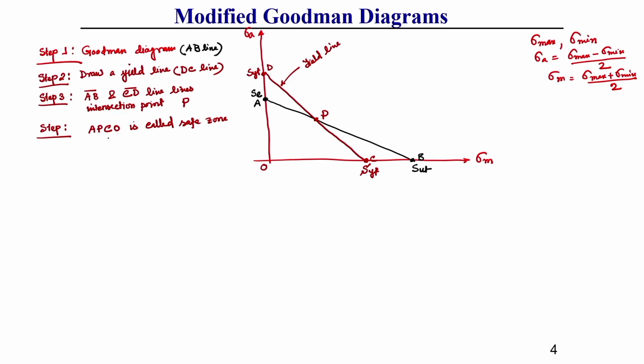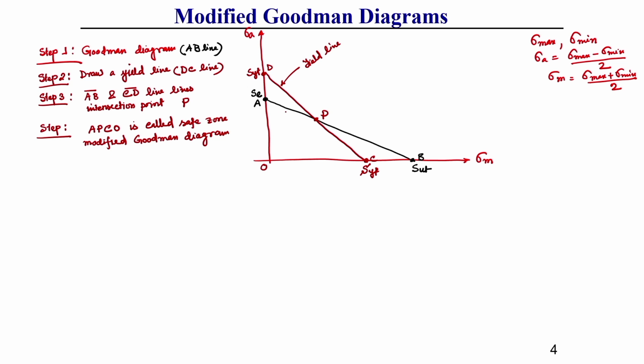So, you see this A, P, C, O is called the safe zone, which is called the modified Goodman diagram. This you should keep in mind.